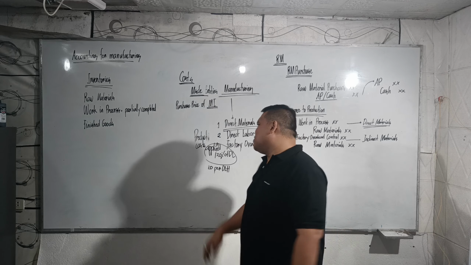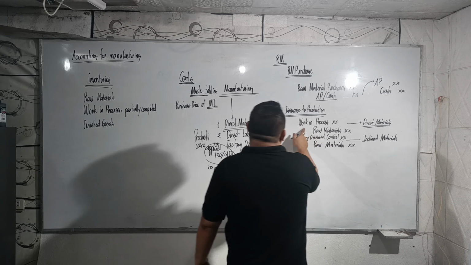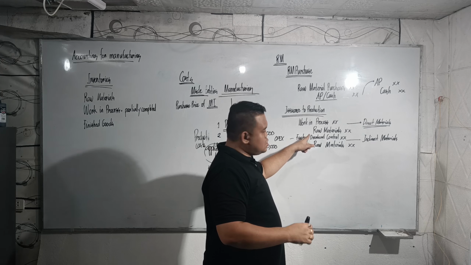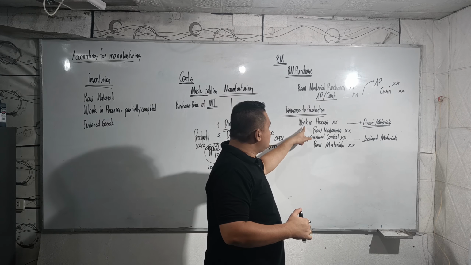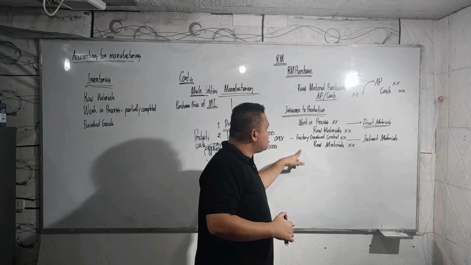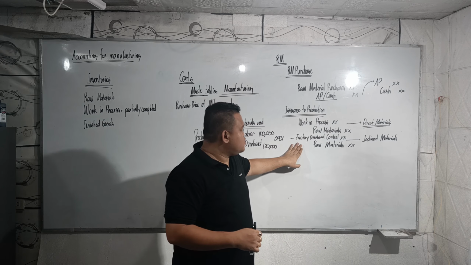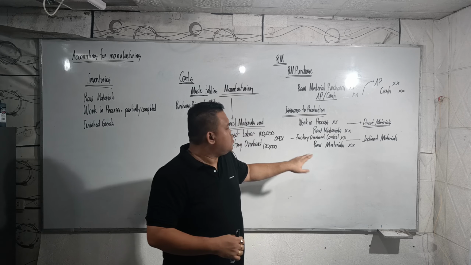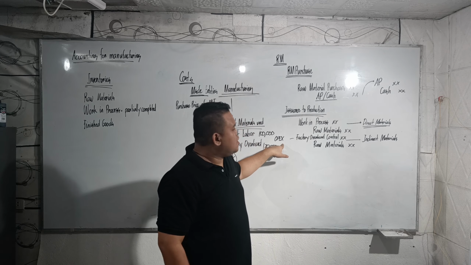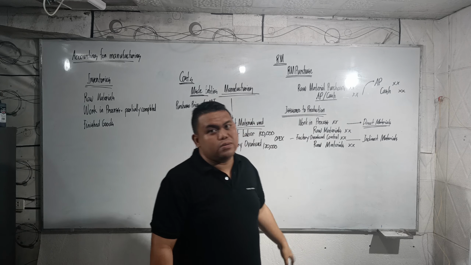So meaning, in here, the indirect materials will not be capitalized in the work in process inventory. You're not going to put that. Actually, this is just waiting at the end of the period. So all of the factory overhead cost will go to this account, which is in the operating expenses. It will go to the factory overhead control account.